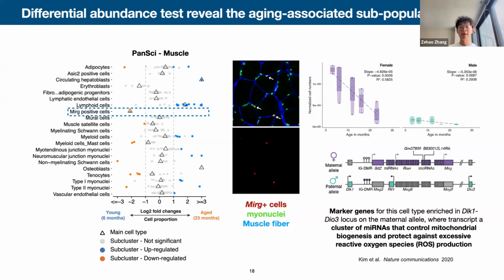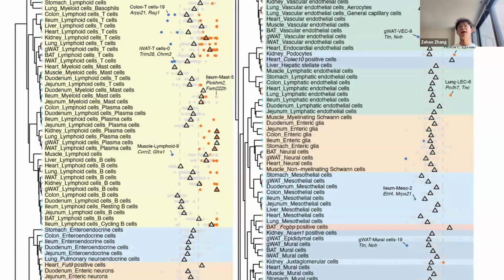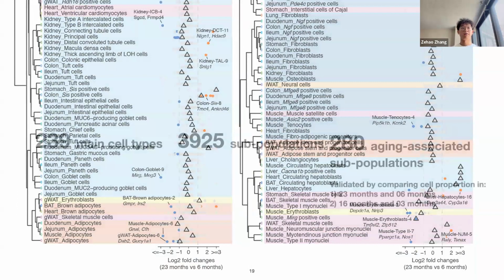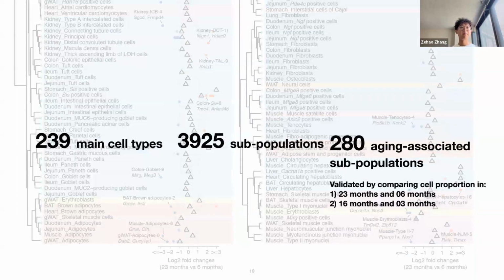Then we applied a similar analysis not only in muscle, but to all the main cell types we identified in the PanSci dataset. Out of 239 main cell types, we can identify about 3,900 subpopulations.